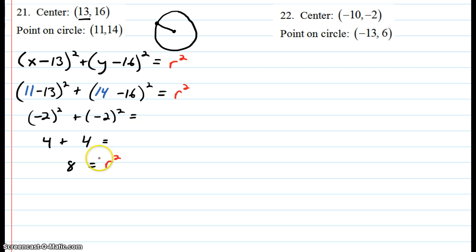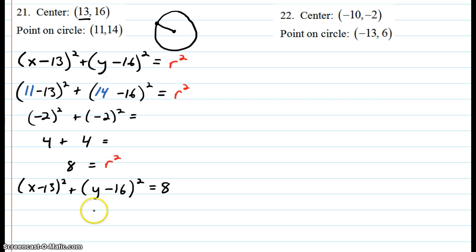So we want to stop there, and now we put it all together back in this piece right here. It's just going to be x minus 13 squared plus y minus 16 squared, and that's going to equal 8. Just 8, not 8 squared, not square root of 8, 8.